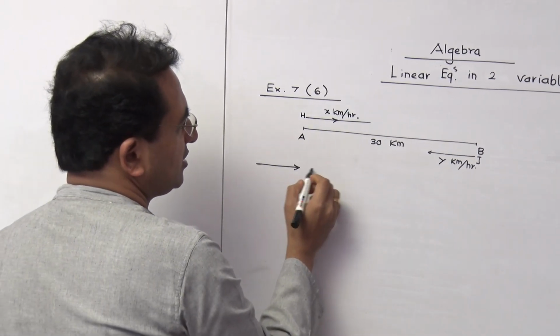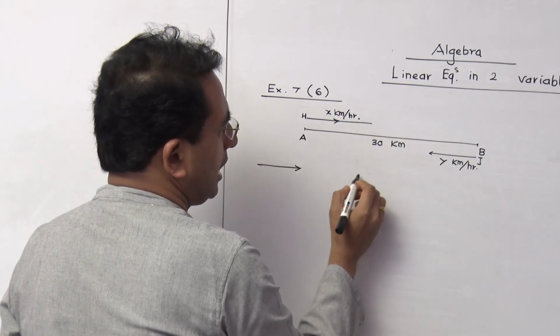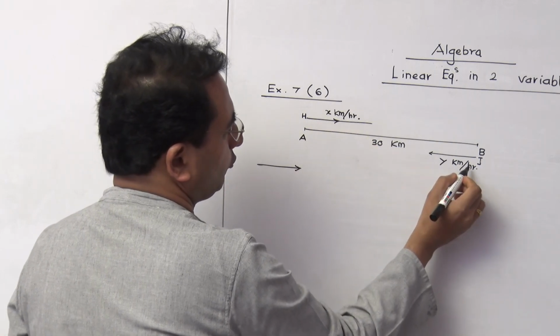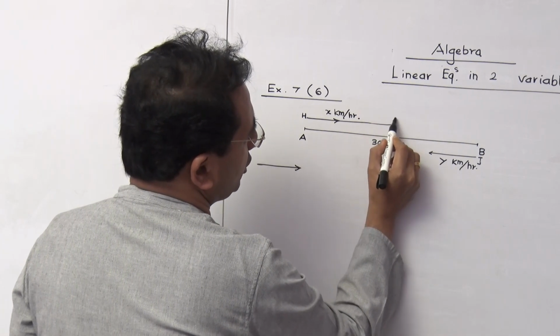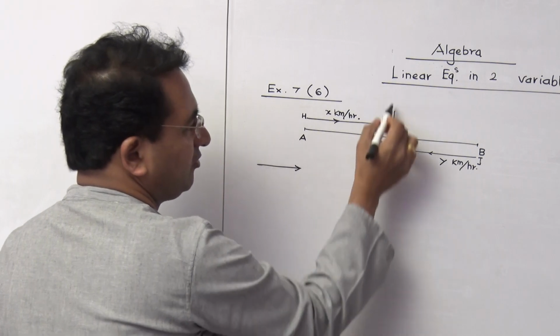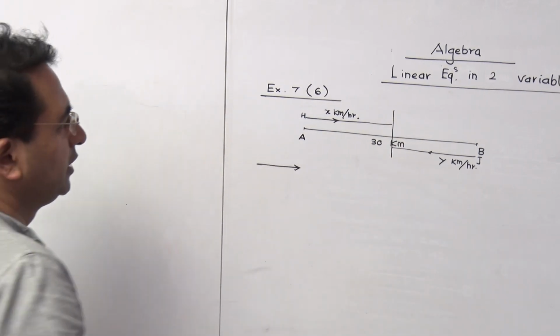Let the speed with which Hamid is moving be x kilometers per hour and this one be y kilometers per hour. Now I will put it in the diagram. They are meeting each other here, for example, at this moment. After 20 minutes, they have given.